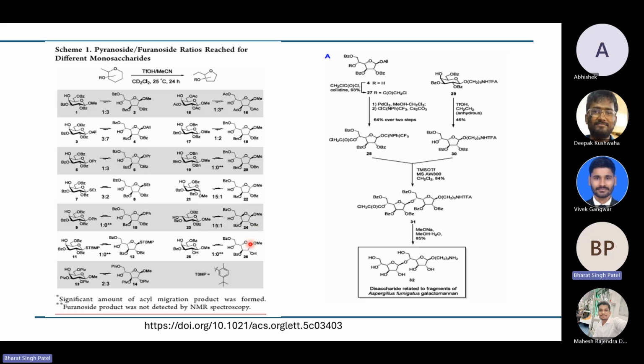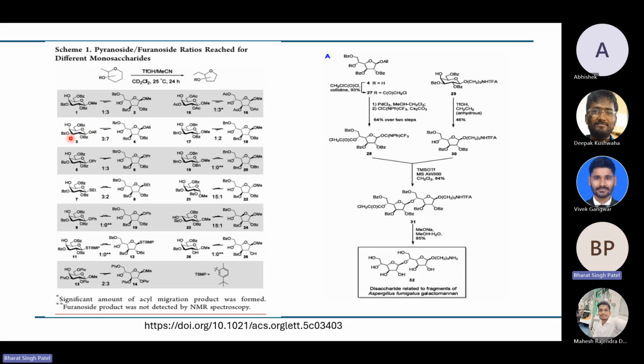So here what they have concluded is the acyl group should be present at C2, as well as the configuration of C1 should be beta, and the best are the methyl, allyl and isopropyl, as well as C4 should be free. So that was the case with compound number 3, allyl glycoside.